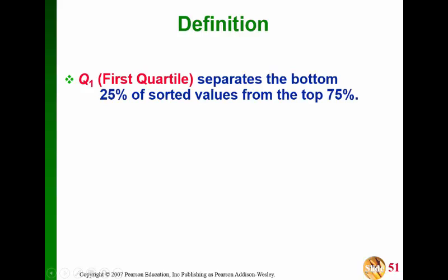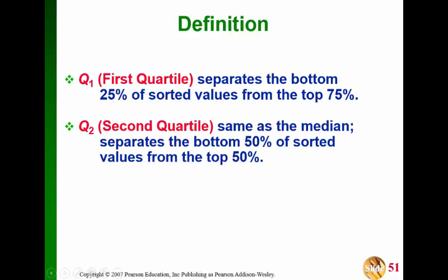All right, now let's take a look at a couple of other definitions. The first quartile. You know the median, right? The median separates all the data in half. Half of the data is bigger and half of the data is less. So the quartiles separate by 25%. There's a first quartile, a second quartile. We don't usually say Q2 because we're more used to saying the median.